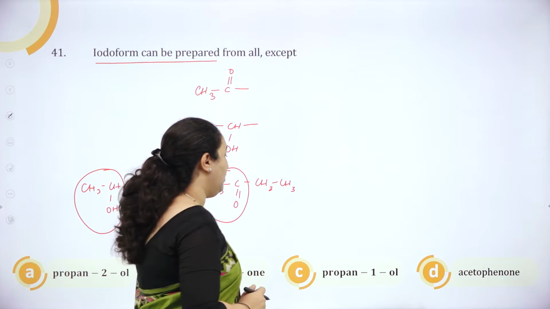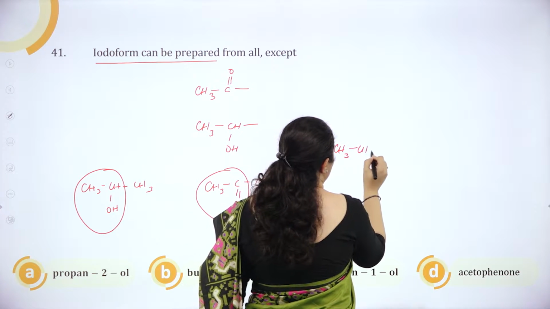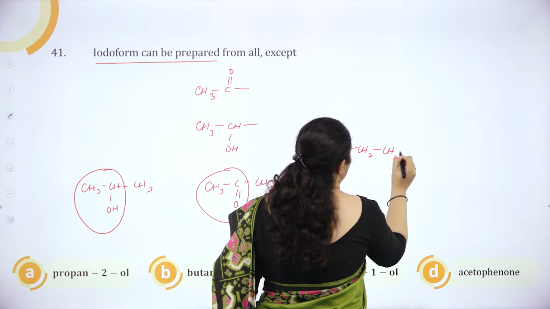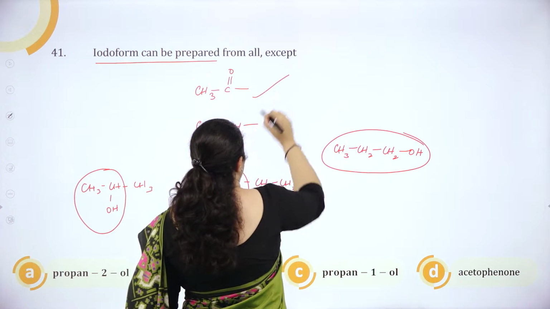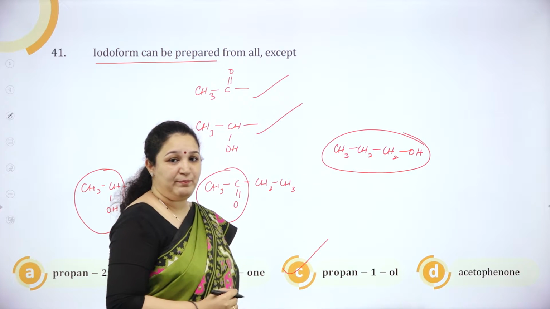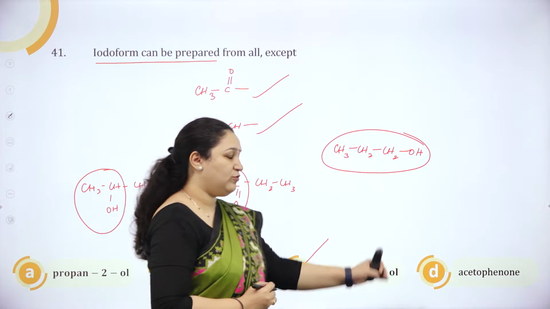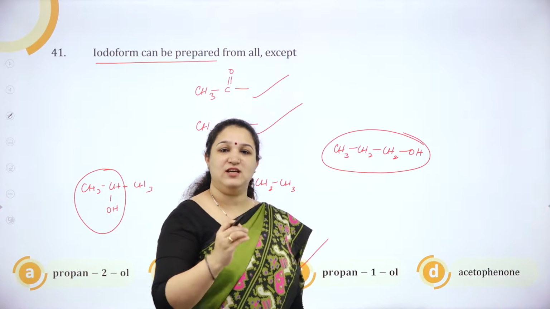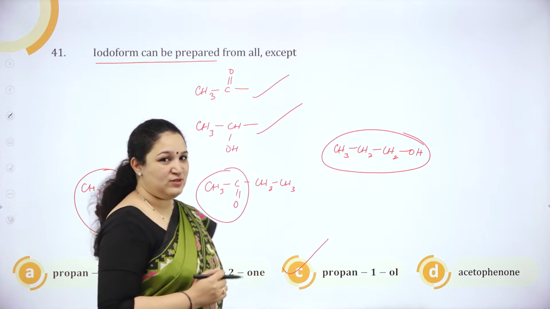Propan 1-ol, that is CH3 CH2 CH2OH. Here you do not have such groups. Thus, iodoform cannot be prepared from propan 1-ol. Acetophenone again has CH3CO group. Okay, so I hope you have understood this.